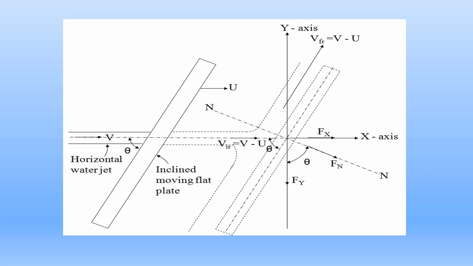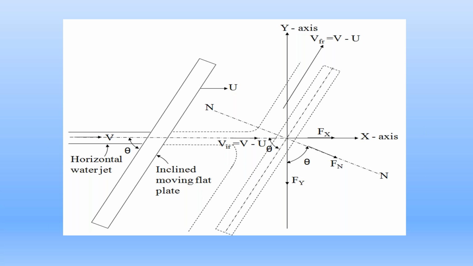So in this condition, the impact of a horizontal water jet on an inclined moving flat plate, first we prepare the equation for the force Fn in the direction normal to the surface of the inclined flat plate.